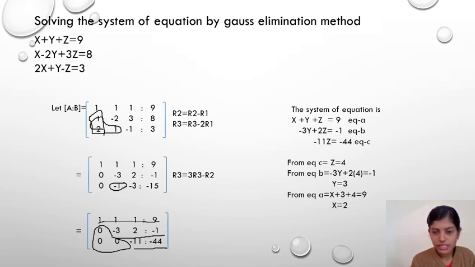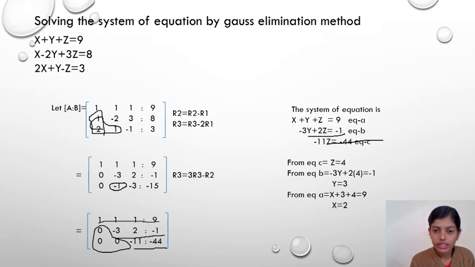From this equation, 11z equals minus 44, z equals minus 44 by minus 11, and the z value is 4. From equation B, minus 3y plus 2z equals minus 1. Replacing the z value, minus 3y plus 2 into 4 equals minus 1, and the y value is 3.